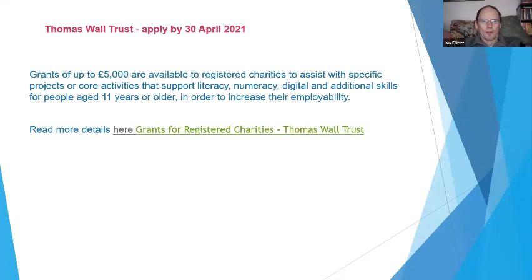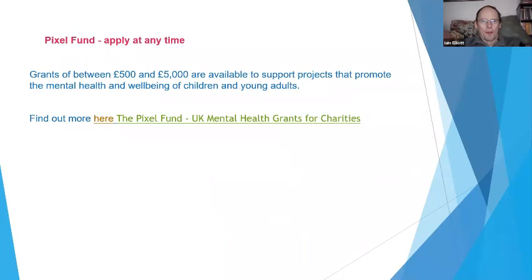Grants of up to £5,000 are available to registered charities to assist with specific projects or core activities that support literacy, numeracy, digital and additional skills for people aged 11 years or older. Pixel Fund, grants are between £500 and £5,000 to support projects that promote the mental health and well-being of children and young adults.